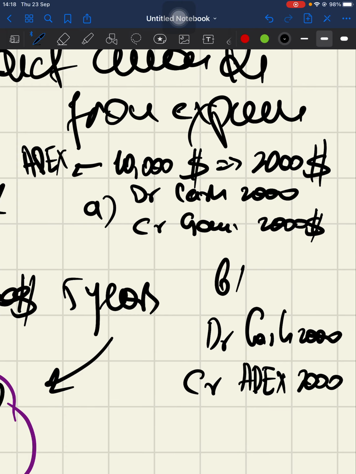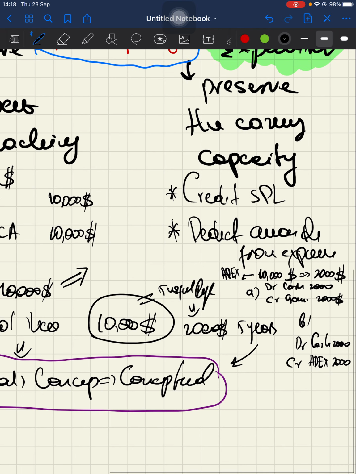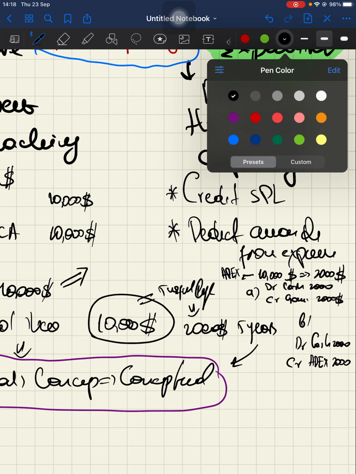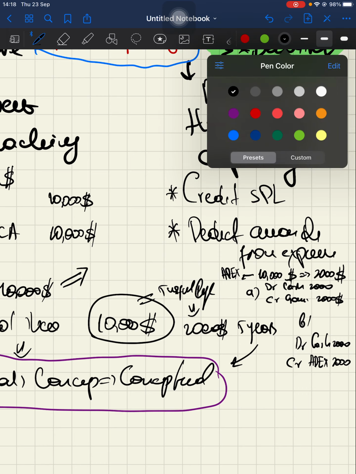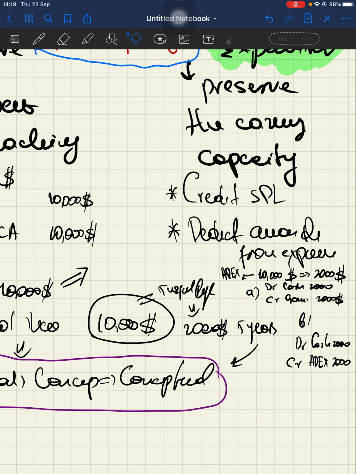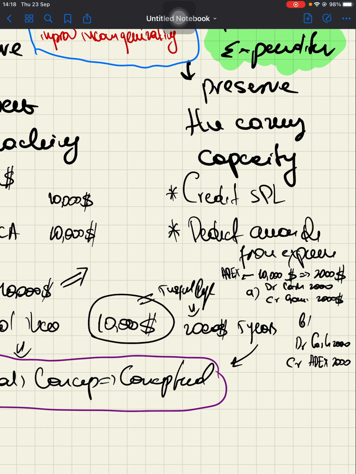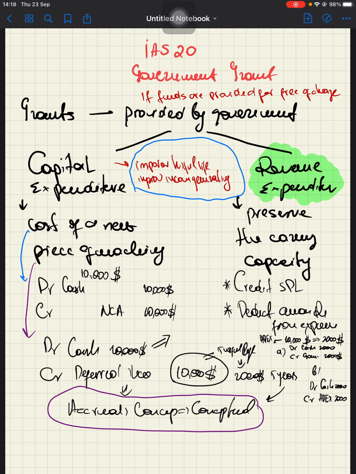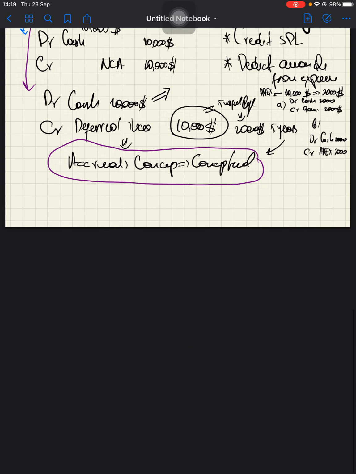Basically, these two types of treatments are quite the same, but I think that you are now able to catch the idea of how to correctly treat them once we receive the grant from the government for specific purposes. And let's look at the treatment of repayment of the government grants.